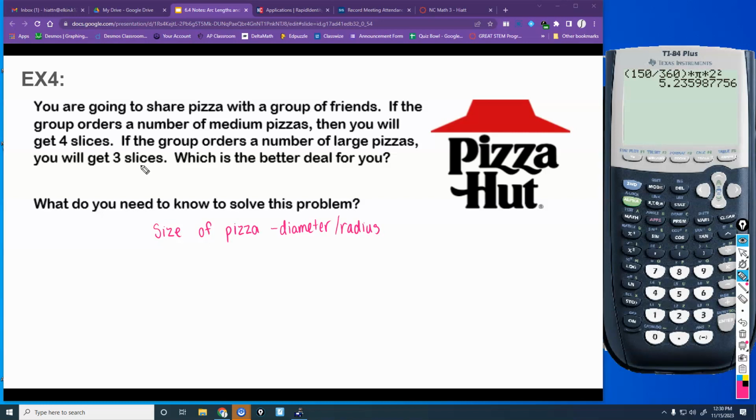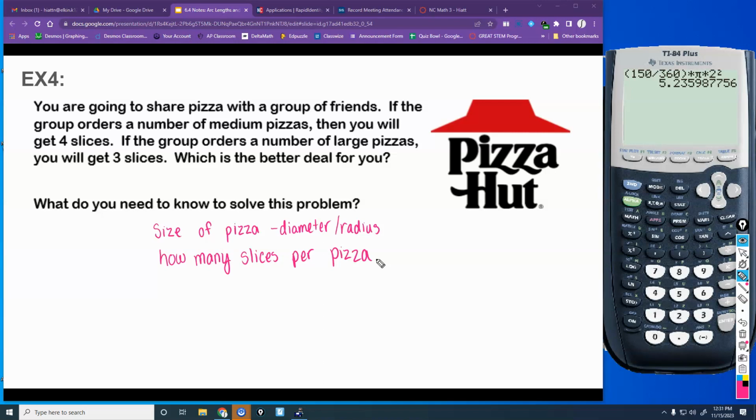Yes? Yes, we need to know how many slices per pizza. Right, because you could cut a pizza into 25 slices if you wanted to. If you do that, the pieces are going to be little bitty tiny.